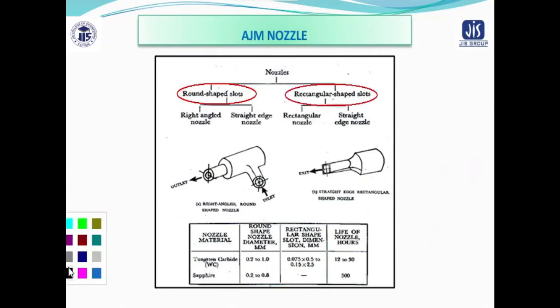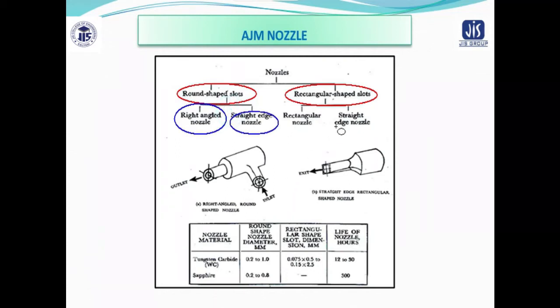The round shaped slot is further divided into right angle nozzle or straight edge nozzle. Similarly for rectangular shaped slot also, a rectangular right angle nozzle or a straight edge nozzle can be obtained.